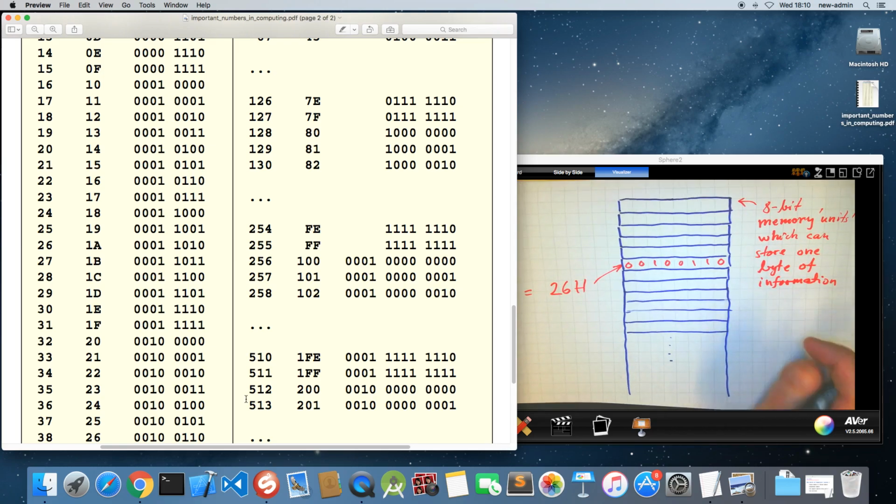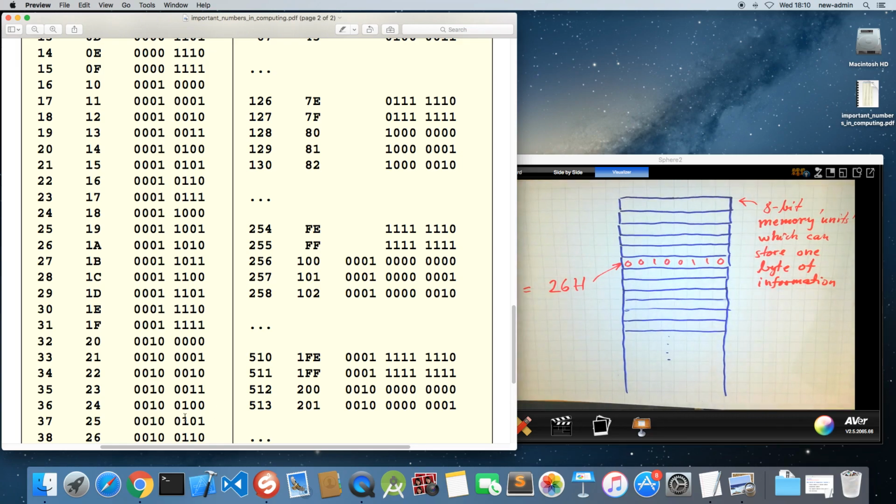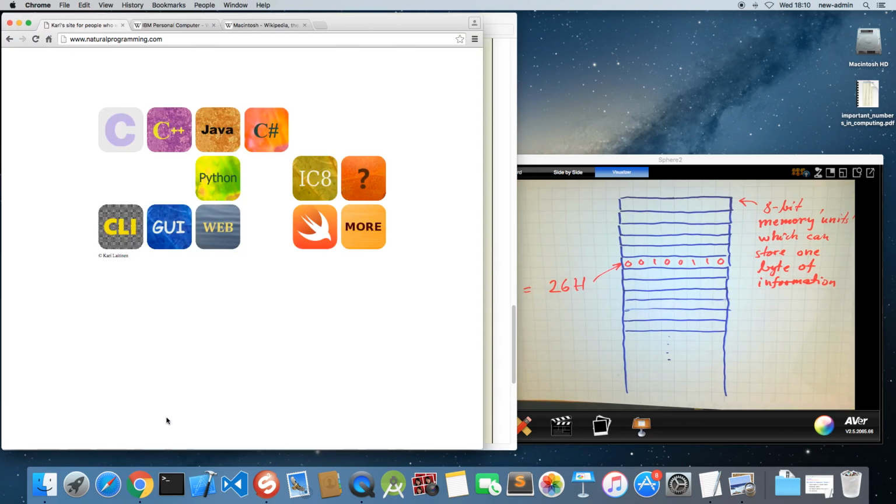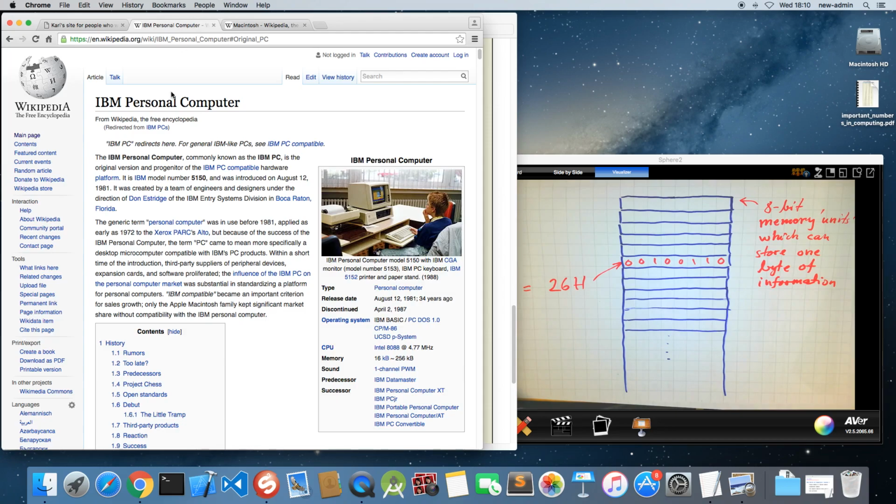So for instance, if we take a look at an old computer advertisement, I should have some Wikipedia pages available. This first page is about the IBM personal computer, which is not sold anymore. But that was a very important computer in the history of computing.